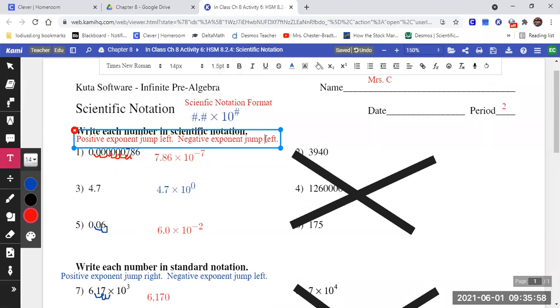Negative exponents jump right. So when you're creating the scientific notation, negative exponents are jumping left and positive exponents are jumping right. They have to do opposites. They undo each other.